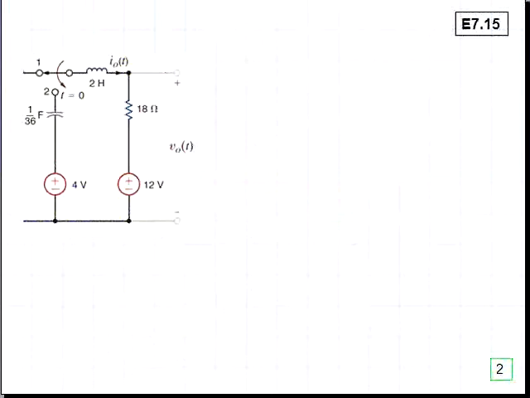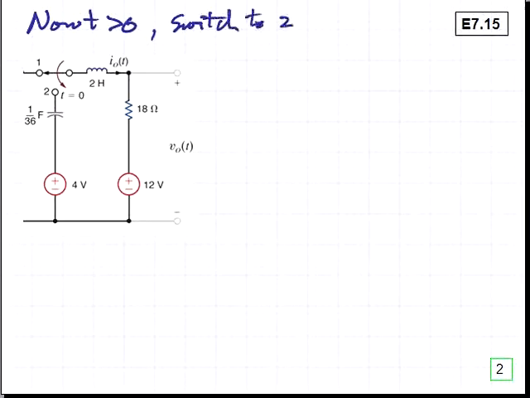Now we'll consider time greater than 0. The switch moves to position 2, and we have now a series RLC circuit with 2 DC sources in it.